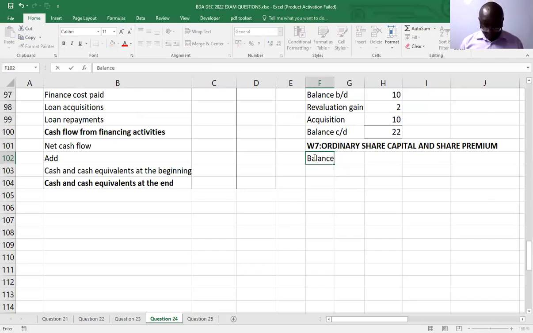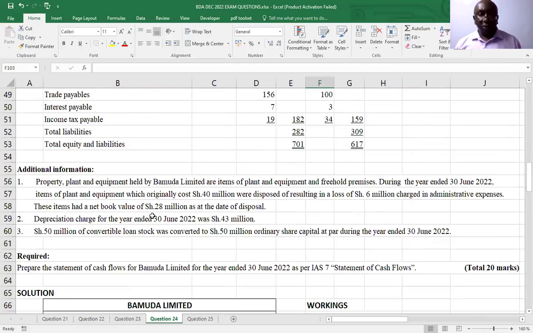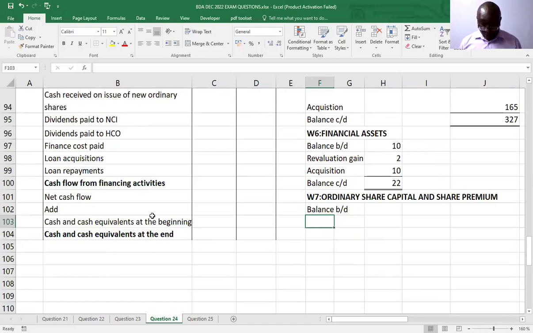Balance brought down. They had mentioned loan stock. There was a loan stock, this one. So it was converted. So we add loan stock converted.